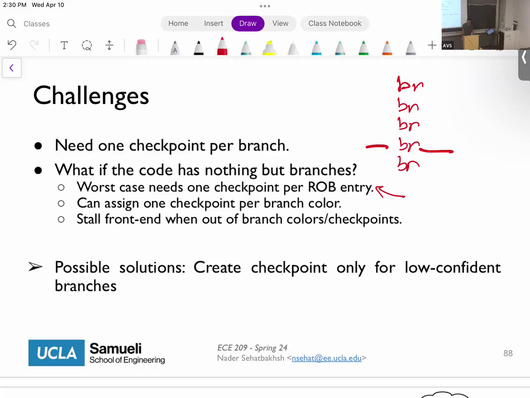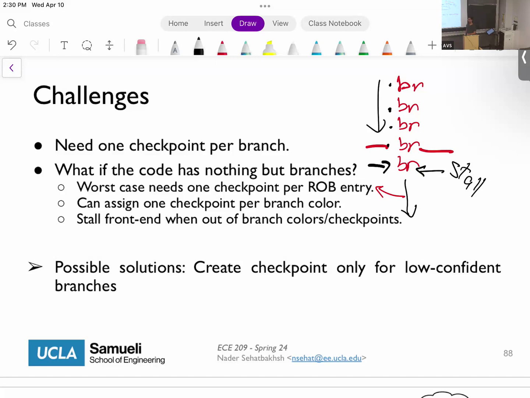If I run something like this, 1, 2, 3, 4, I have used all 4 checkpoints, and now I see the 5th branch. Once I see the 5th branch and I don't have any more storage to checkpoint, I will stall the processor at this point. I no longer do speculation. I'll stall the processor for these things to be resolved. Then you can free those checkpoints, and then you can continue doing your normal execution.